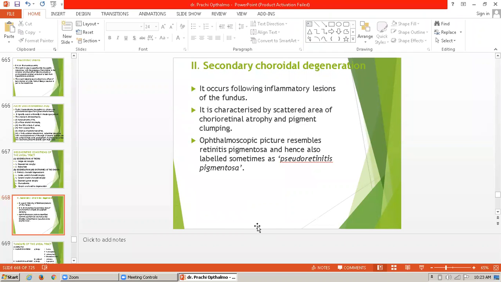In that, in secondary choroidal degeneration, it occurs following the inflammatory lesions of the fundus, and it is characterized by a scattered area of choroidoretinal atrophy and pigment clumping.